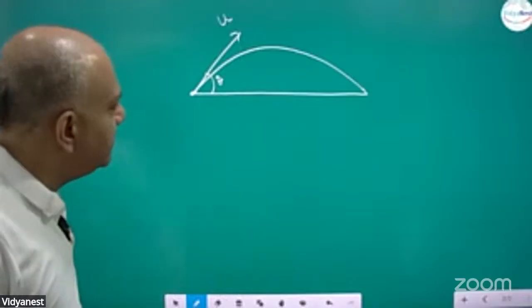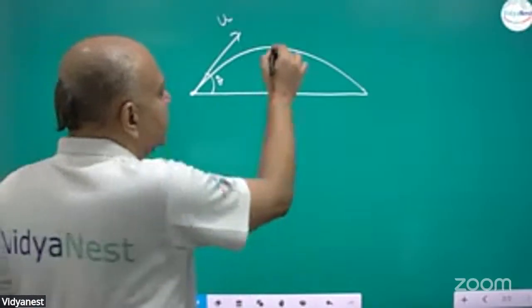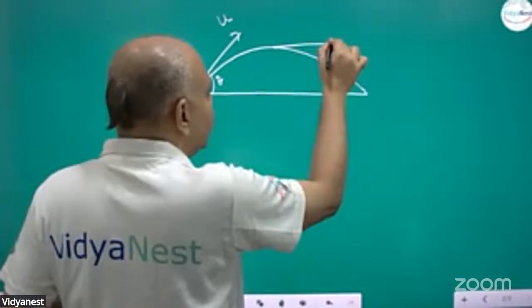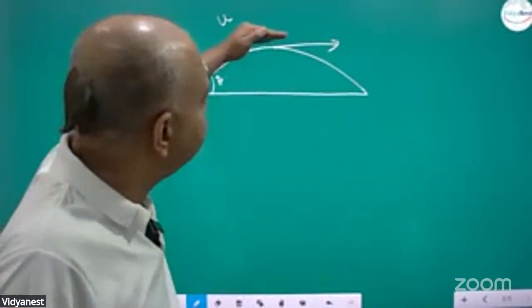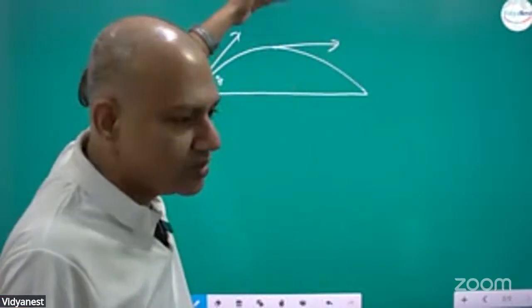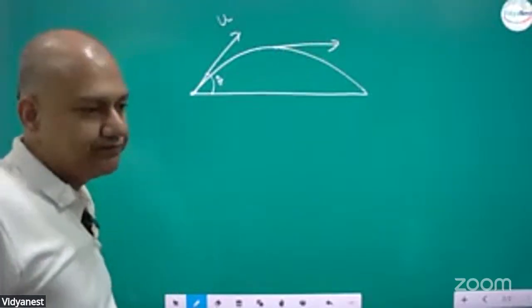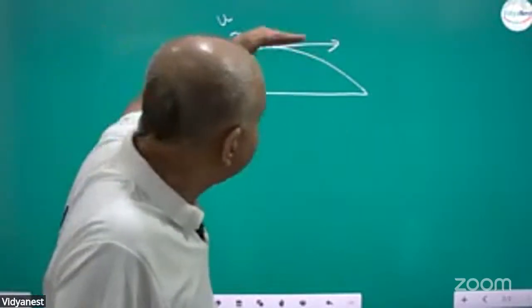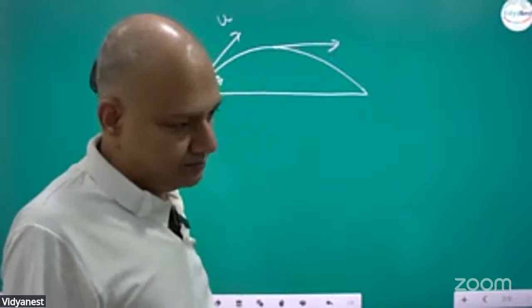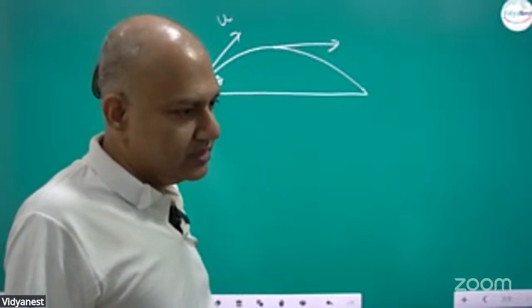So you can see at the top point, the vertical component of the velocity is lost, vanished. But the horizontal component exists, isn't it? Yes, sir.